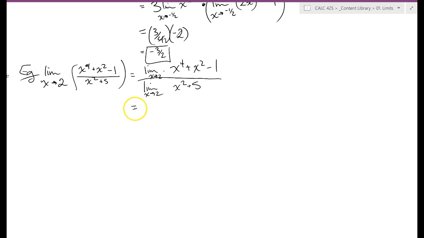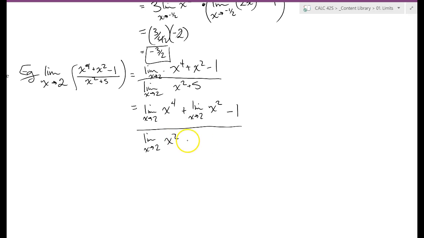From here I can start to use other rules too, so that sum rule again comes into play. So I've got the limit as x approaches 2 of x to the 4 plus the limit as x approaches 2 of x squared minus 1 because of the constant rule. And in the denominator, the limit as x approaches 2 of x squared plus 5.